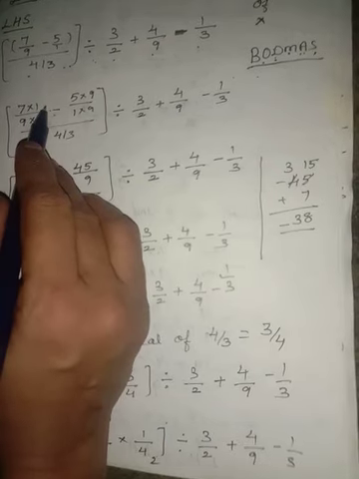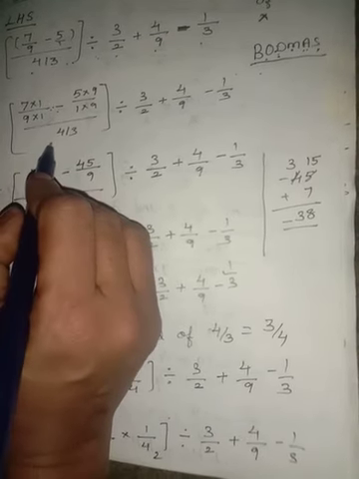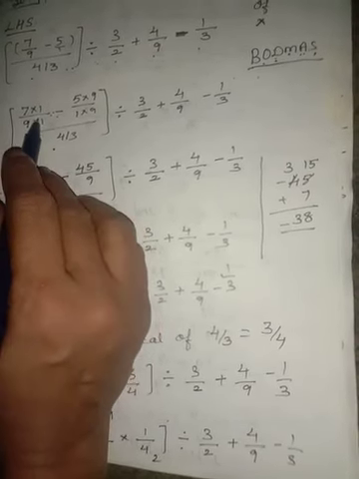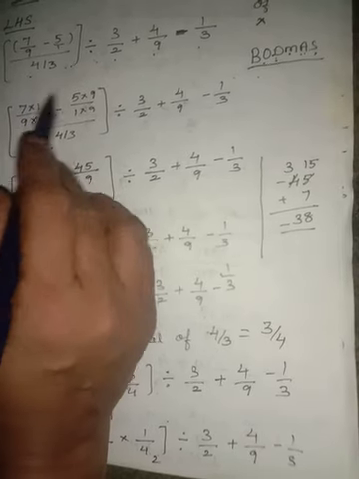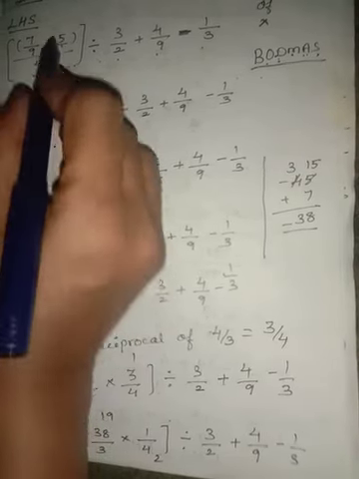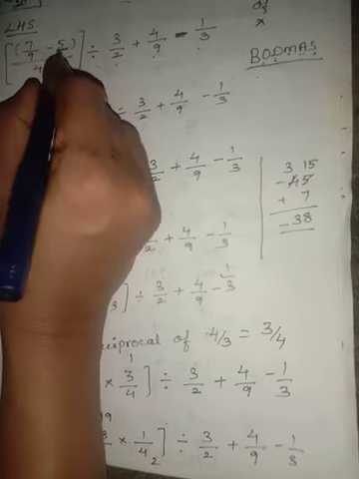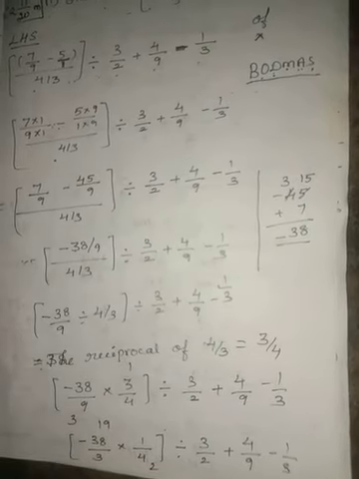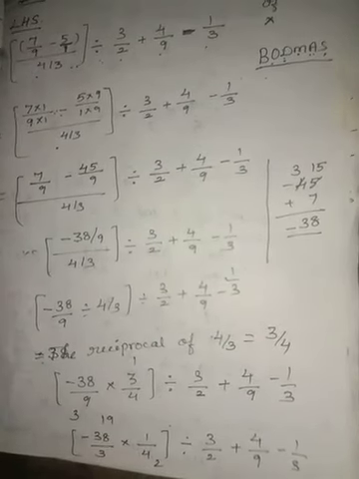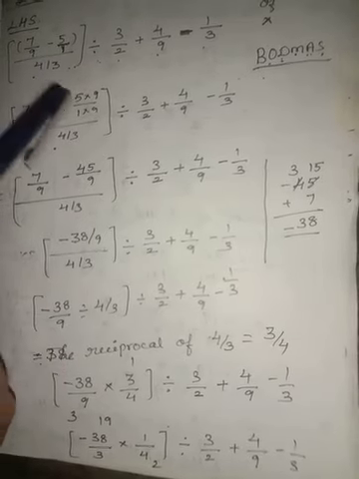Here we have a numerator and denominator. In the numerator we have two rational numbers in subtraction. That's why I take the LCM of 9 and 1. What's the LCM of 9 and 1? 9.